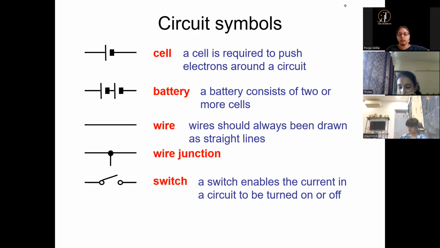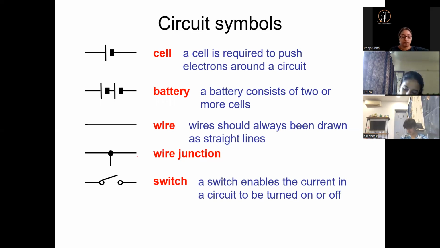Okay? Draw this first, quickly. Cell, battery, wire, wire junction, switch. Draw, Shamik. Done?